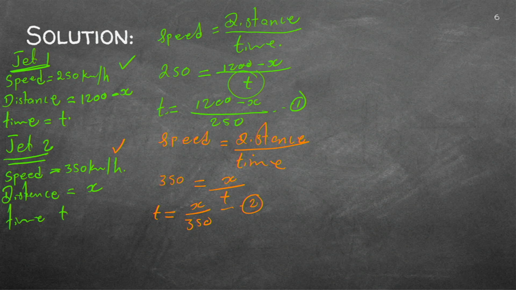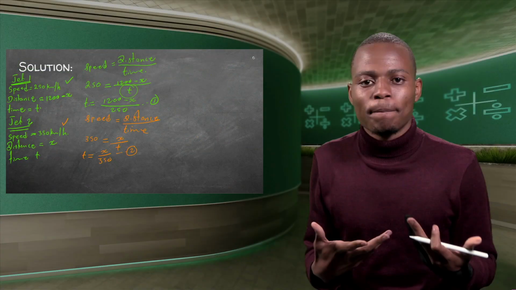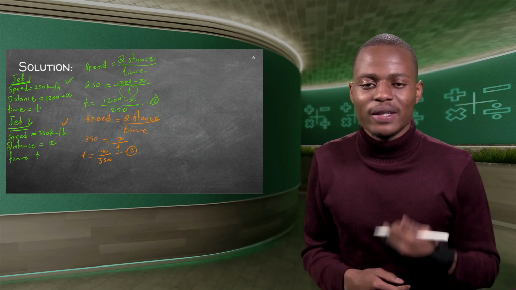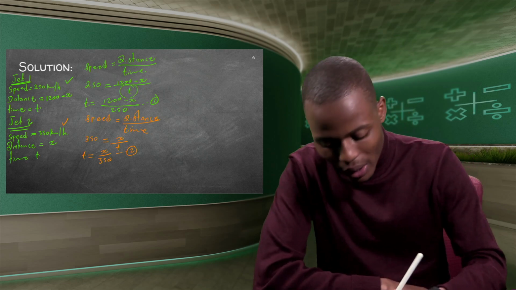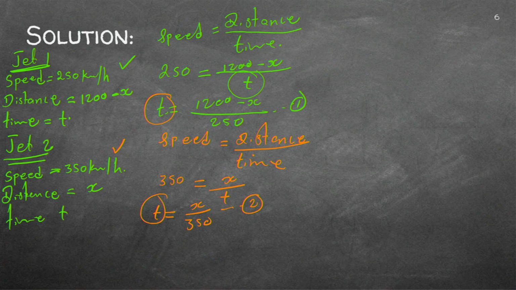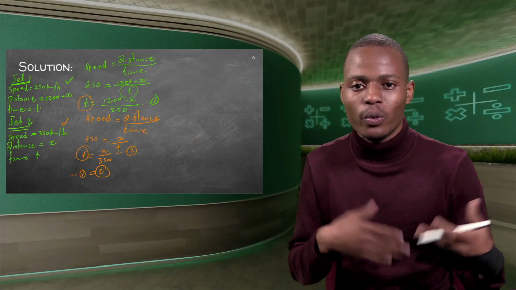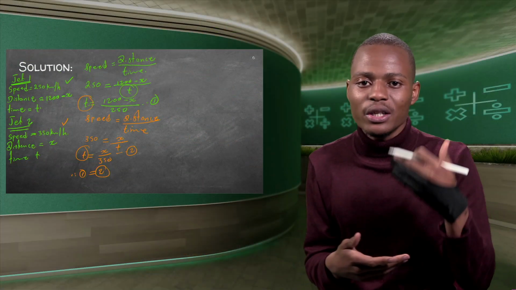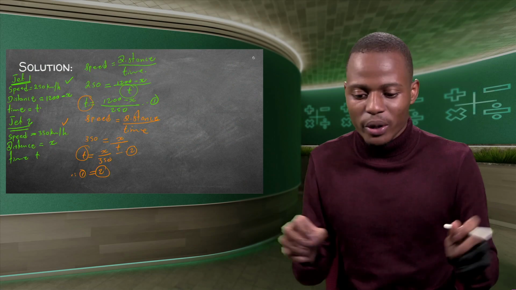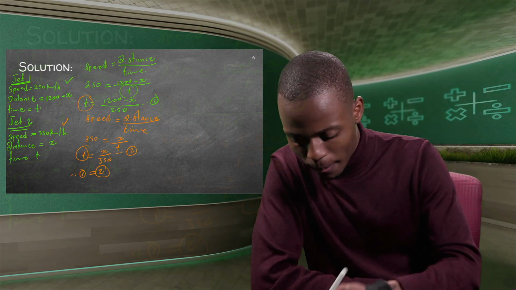So now the interesting part on this one, guys, is both of our equations have t as their subjects. So I have t here, I have t on the other side. So therefore I can make equation number 1 be equal to equation number 2. This is the third method of simultaneous equations, which is called equating, guys. So where you equate equations. If you see two equations with the same thing, you can simply write it this way.